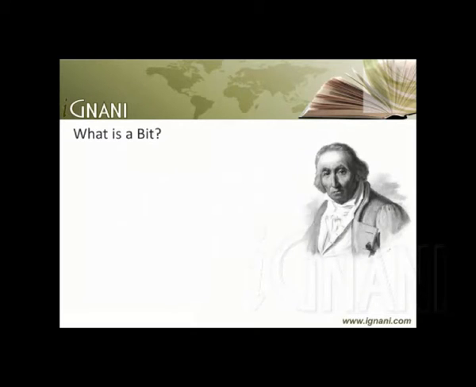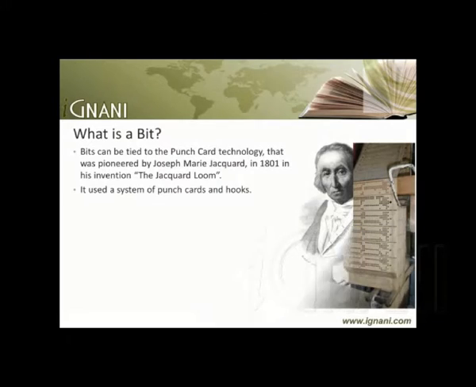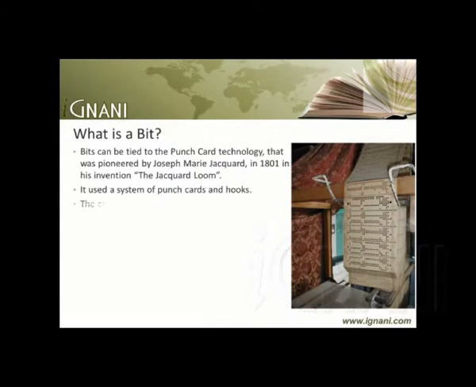We can in fact tie these bits to the punch card technology that was pioneered by Joseph Marie Jacquard in 1801 in his invention, the Jacquard loom. The idea behind the Jacquard loom was a system of punch cards and hooks. The cards were made very thick and had rectangular holes punched in them. The hooks and needles used in weaving were guided by these holes in the cardboard.